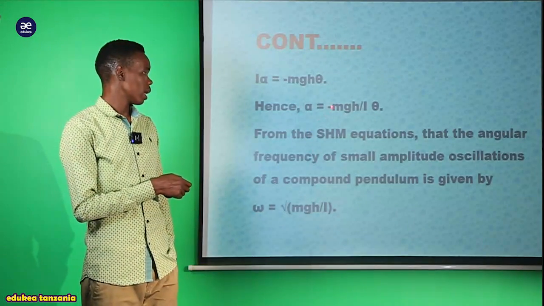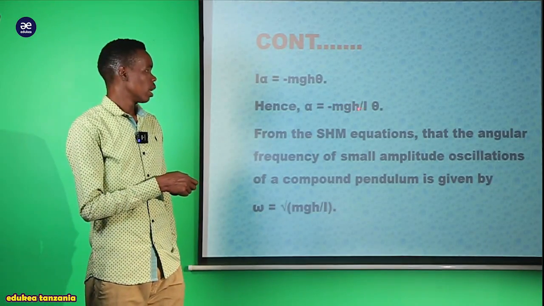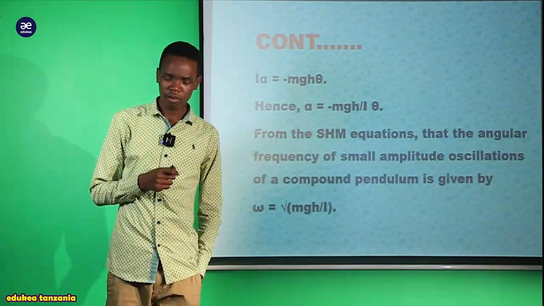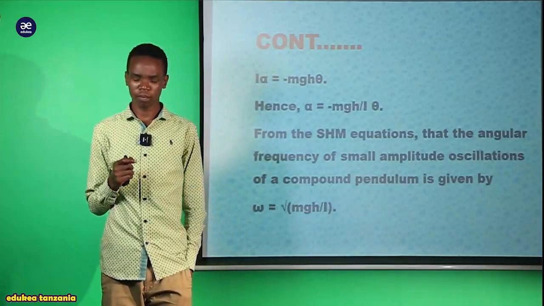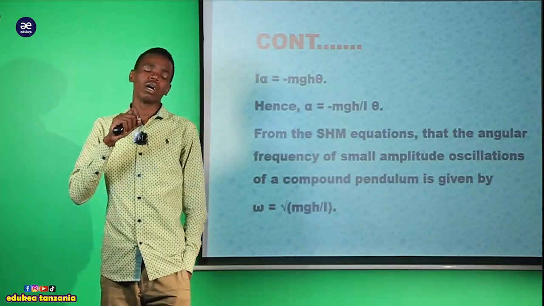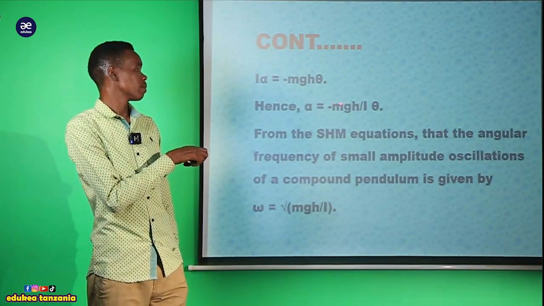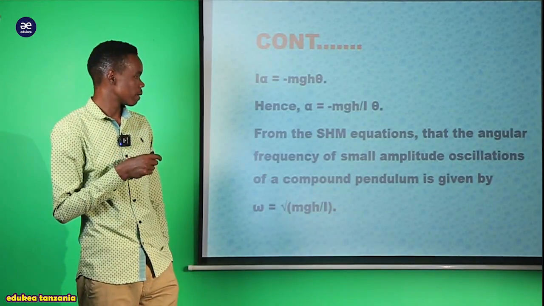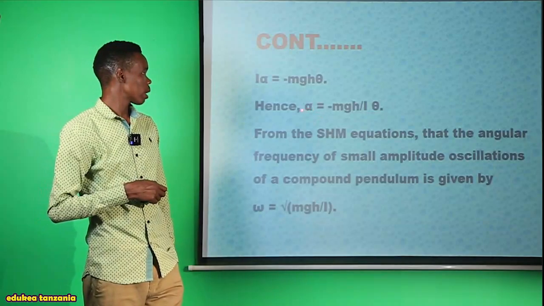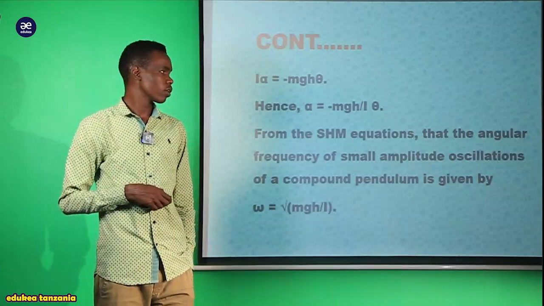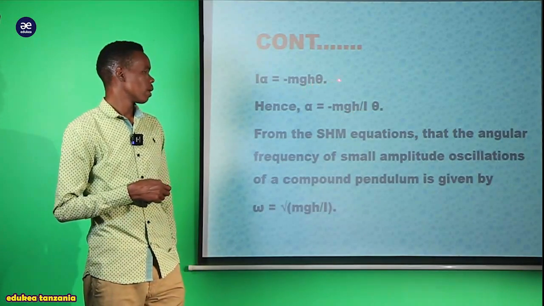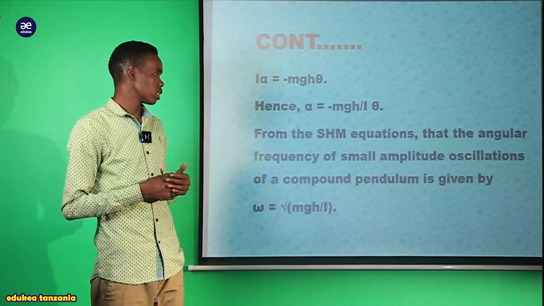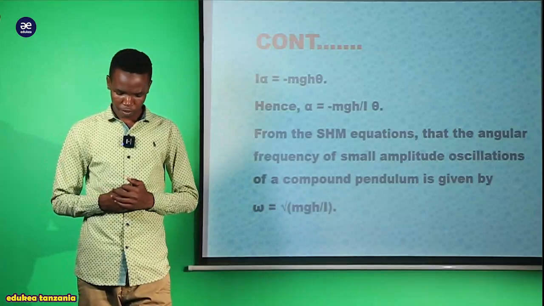So hence alpha is equal to negative mgh over I theta. Now if we make angular acceleration the subject by dividing by I throughout, we obtain that the angular acceleration must be equal to negative mgh theta divided by I. This is what we obtain here.